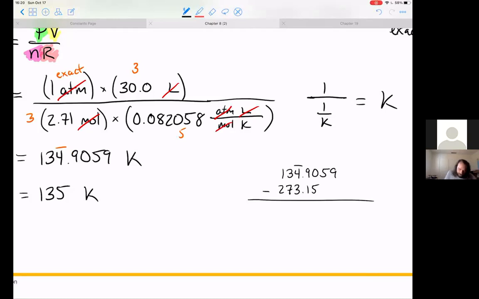So I'm going to take this number before it was rounded, with my sig fig marked, and use that in my calculation. I know that I'm still going to have to round to the ones place at the end, but negative 138.24 degrees Celsius. So negative 138 degrees Celsius, that would be my final answer in Celsius.